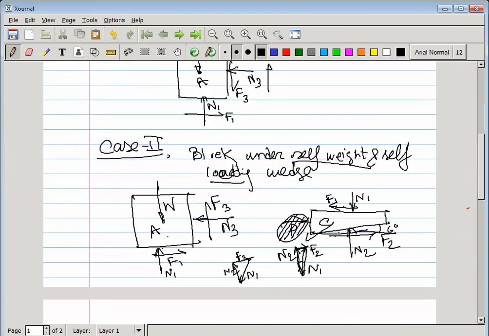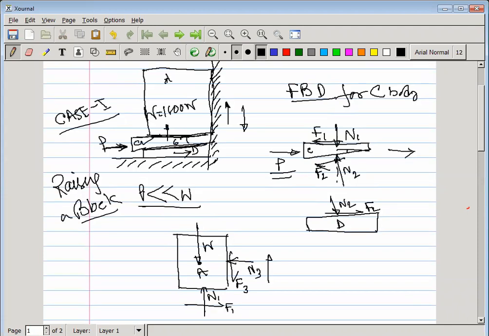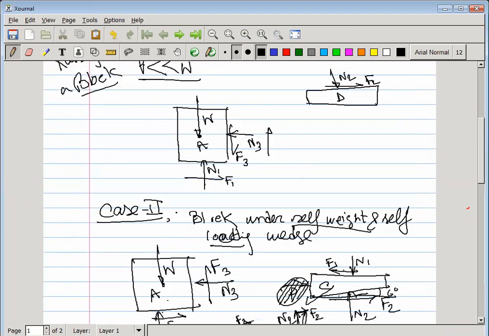But for case 2, the condition is what should be the friction acting between these two intercontact surfaces so that this block does not move in the downward direction. Means we have to resist or restrict this block from moving downward.